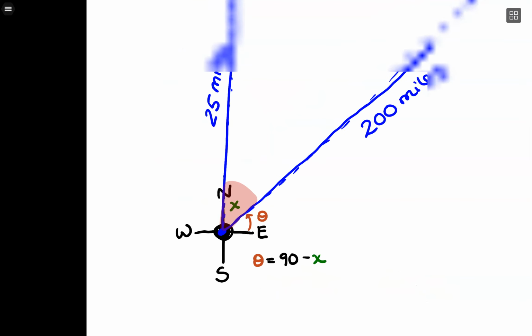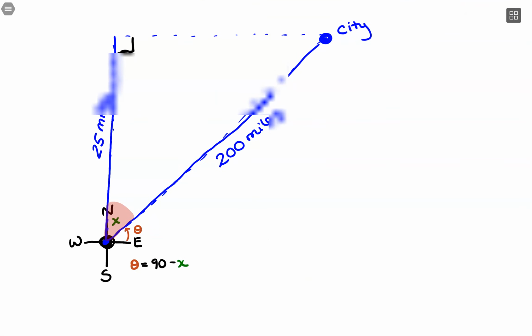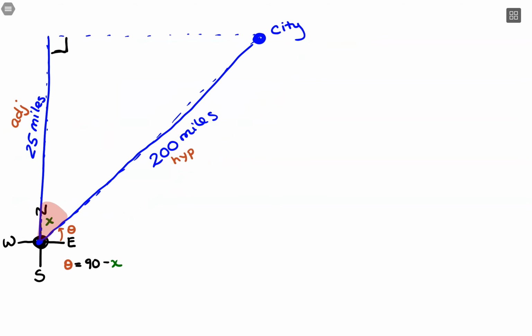So we'll have a little bit of extra work there, but in terms of the triangle, I want to find this angle measurement. So if I'm standing here at x, that means that 200 miles is the hypotenuse, 25 miles is adjacent. So working with adjacent and hypotenuse leads to cosine.